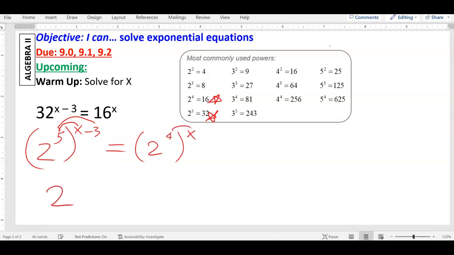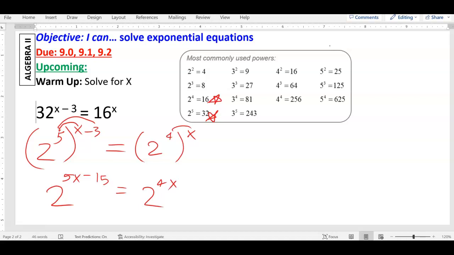So 2 to the power of what? 5 times x is 5x. 5 times negative 3 is negative 15. And that equals 2 to the power of 4 times x, so 4x.